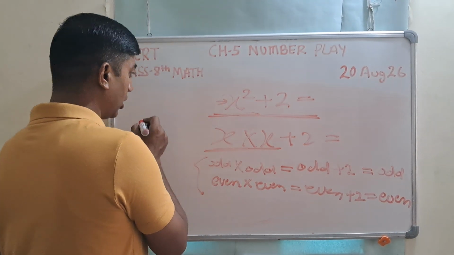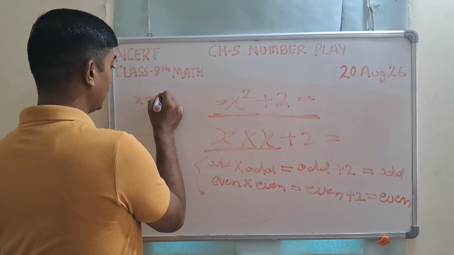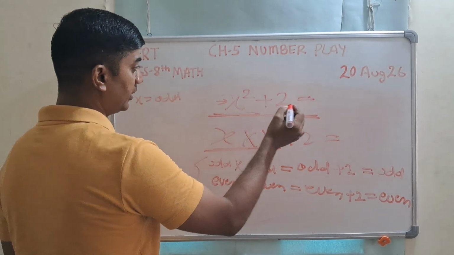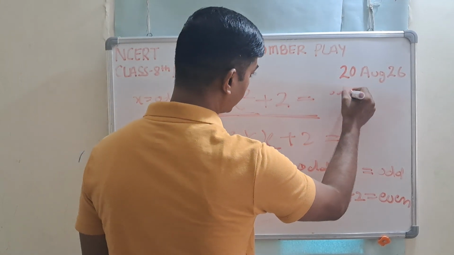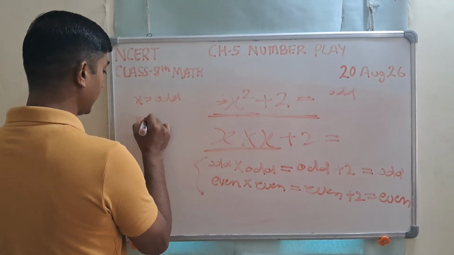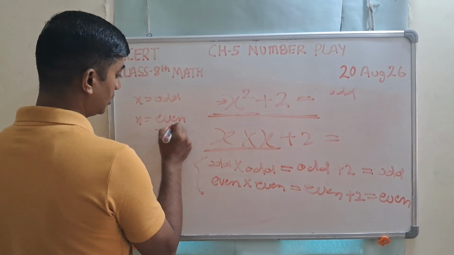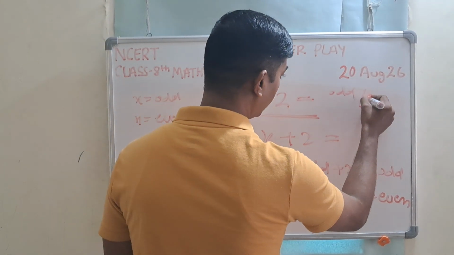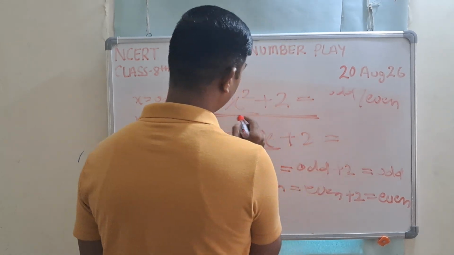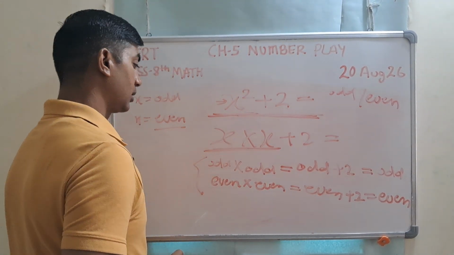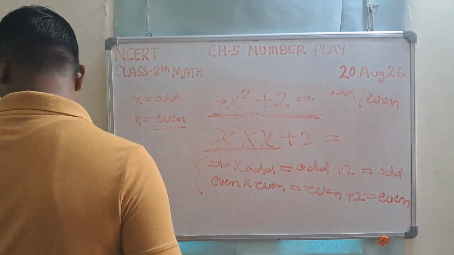If x is odd, your result will be odd. If x is even, your result will be even. Understood? This expression gives you two results.